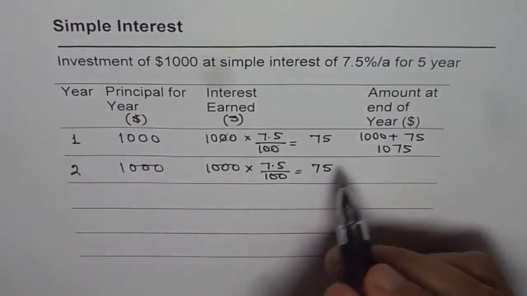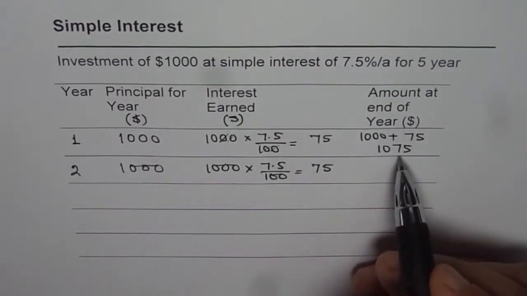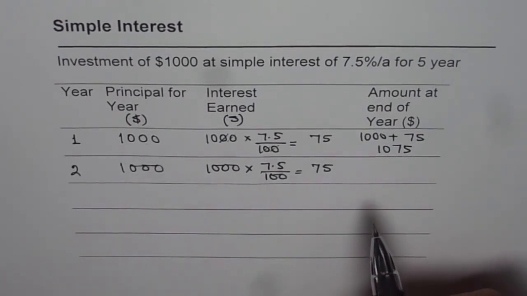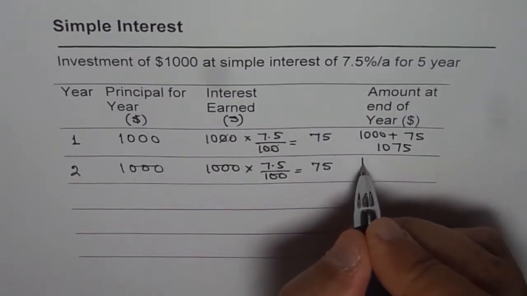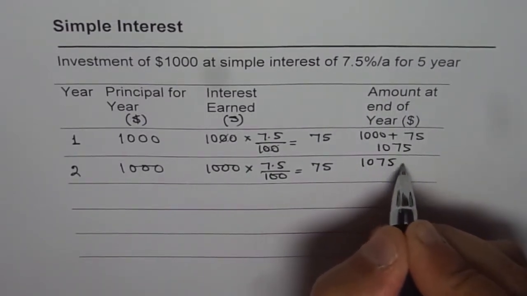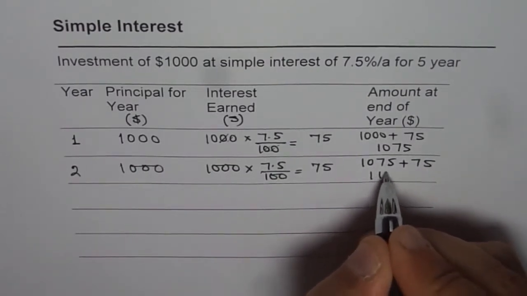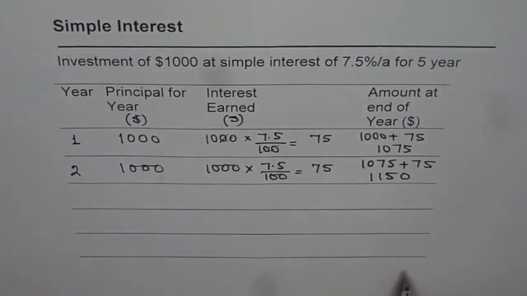So we have now $75 more than what we had the previous year, since this year on the original amount of $1,000 we again earn $75, right? So this amount becomes $1,075 plus 75, correct? So that means $150 is the interest on 1,000, right?